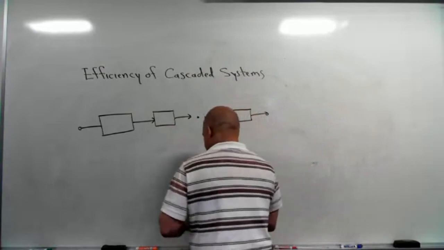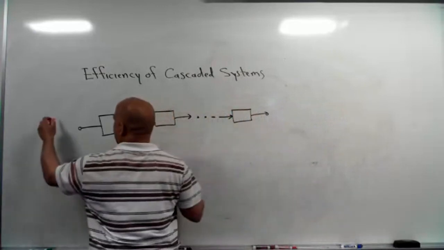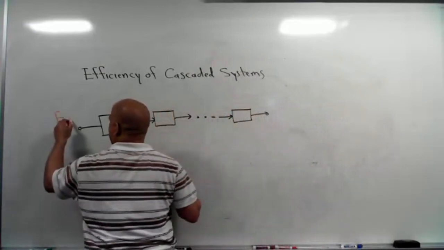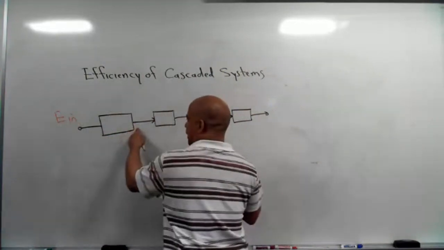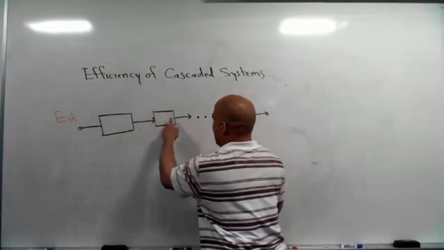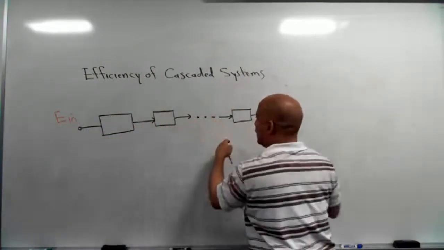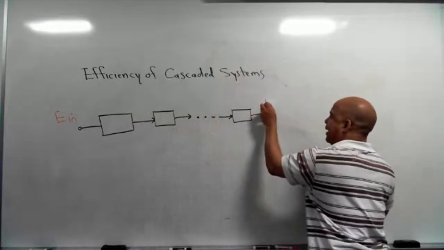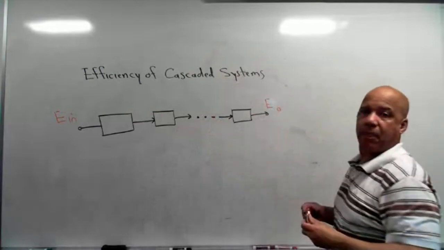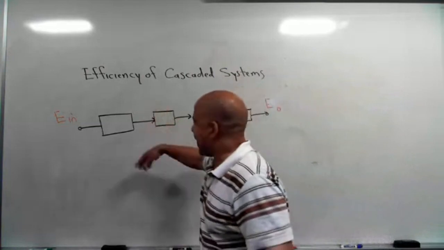Over here is where my energy comes in, and the output of this is the input of that, all the way to the last one. But here's my final output over here. So this is a cascaded system.